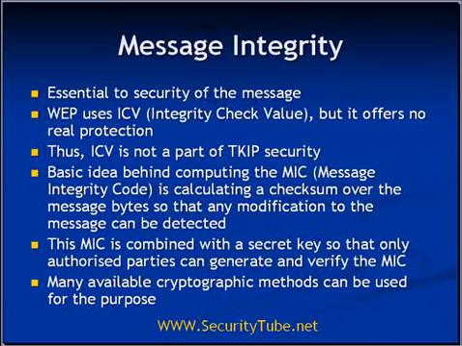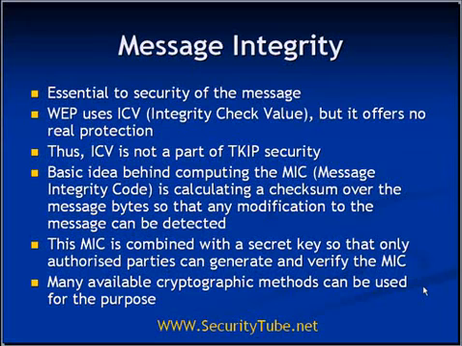Before going into detail about how exactly Michael, or MIC, is computed in TKIP, first let's talk about what is MIC. What do you mean by message integrity? For achieving message integrity for any protocol or standard, generally some bits are added at the end of the transmitted stream, and it should be possible for the transmitter as well as the receiver, who have the secret key, to compute the MIC value.